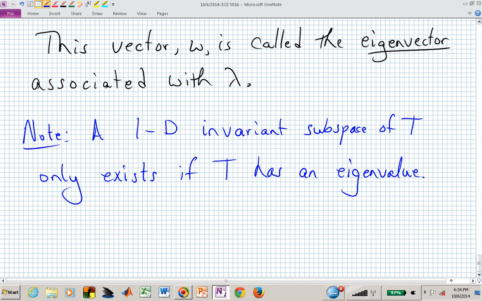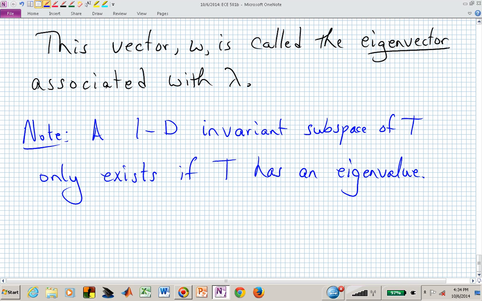So the only way that we will have a one-dimensional invariant subspace of some linear map is if we can find that scalar that satisfies the earlier relationship, Tw is equal to lambda w.